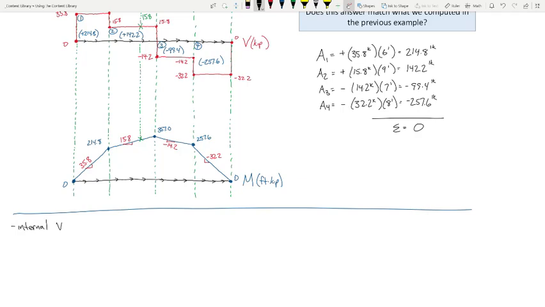So internal shear and moment at x equals 12 feet. So what I'll say is by observation, V is plus 15.8 kips. Okay, that's pretty easy. Now what about the moment?